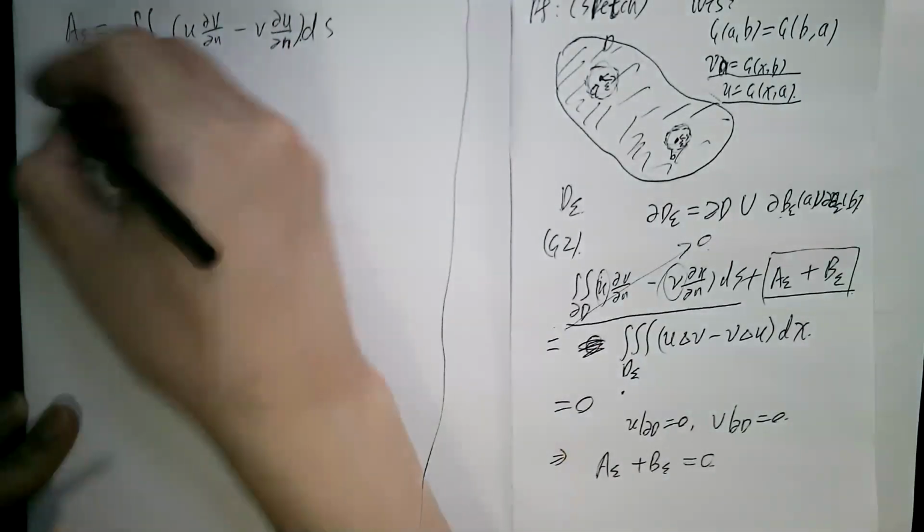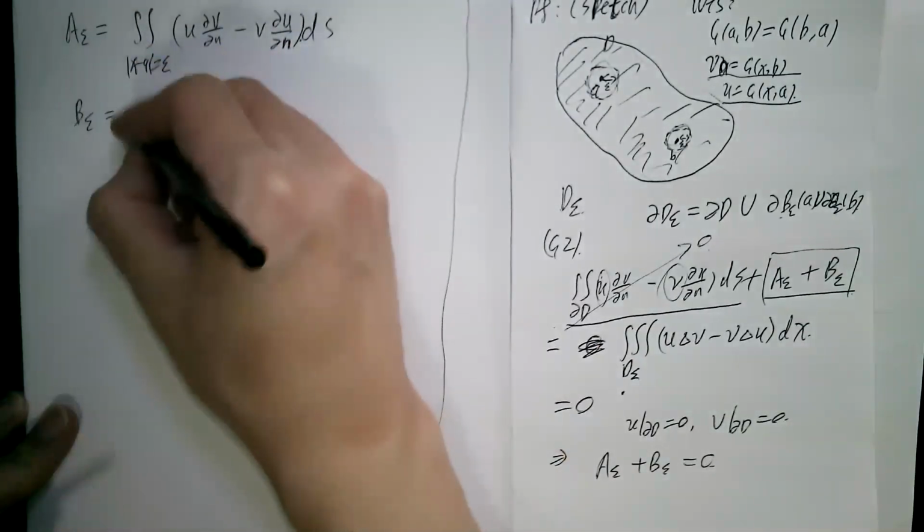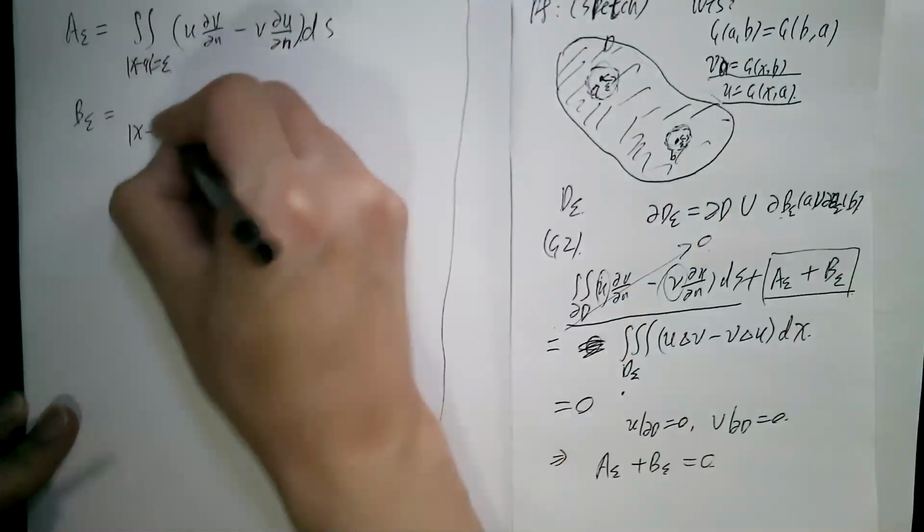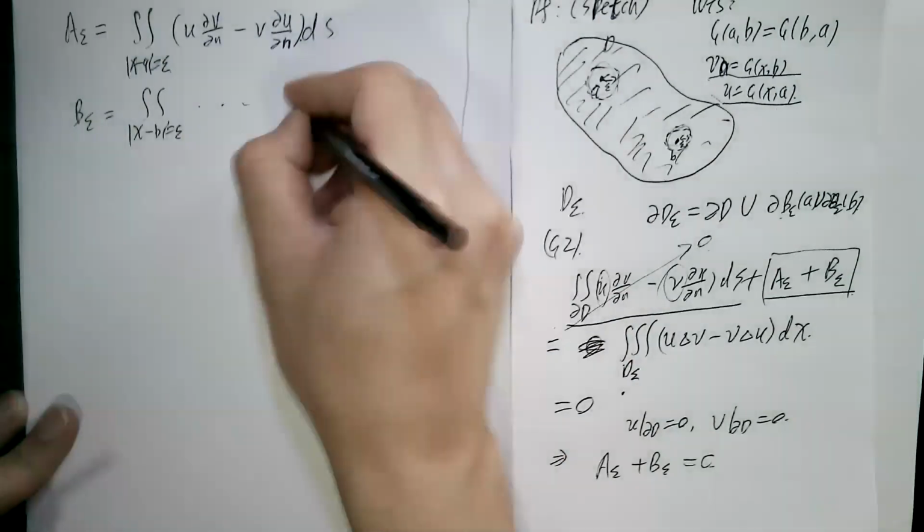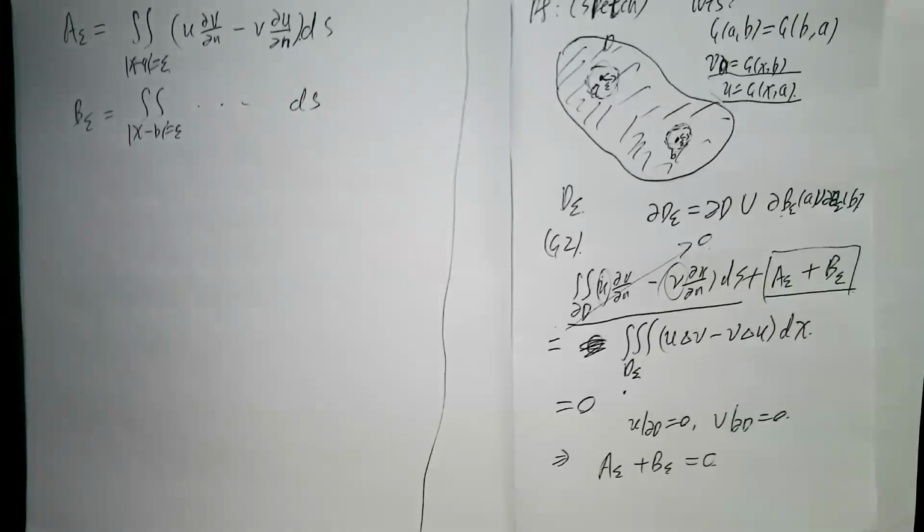Okay, and b epsilon is similar, |x minus b| equals epsilon, and similarly c.